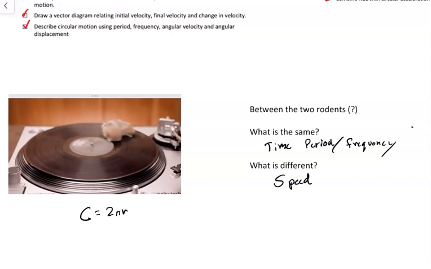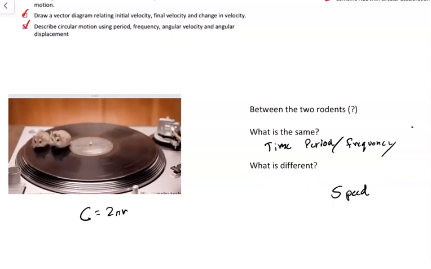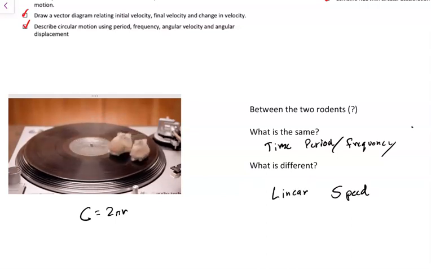And I'm going to have to give that a different name. It's not just speed, because we have to think of a linear and angular speed. So this is linear speed. Because what we're going to find out is they have actually different linear speeds due to different distances traveled, but the same angular speed because of the same time period or frequency.